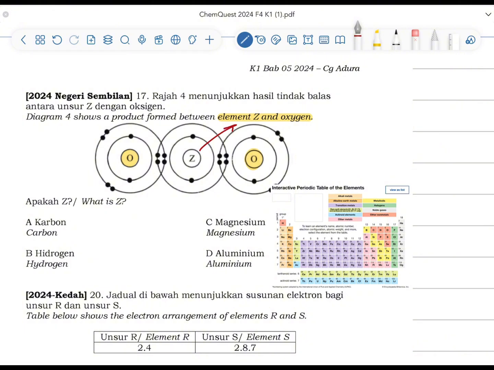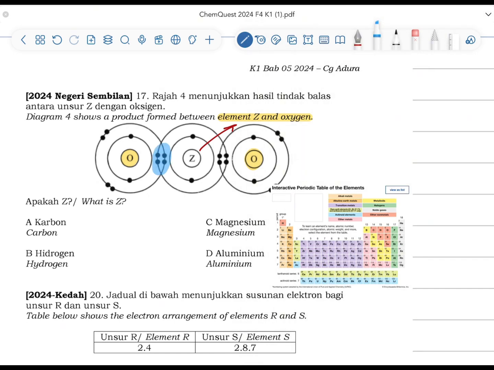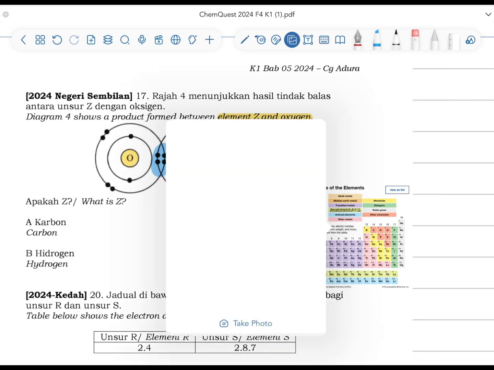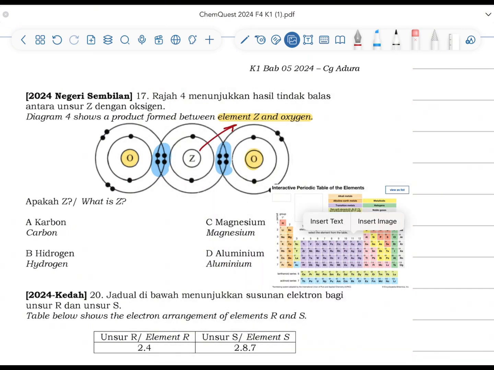Through this overlapping region, it shows us that they get the electrons by sharing of electrons. So basically it is just a covalent compound.